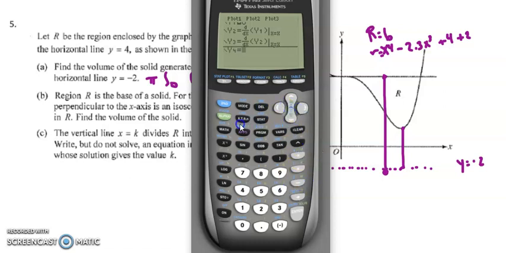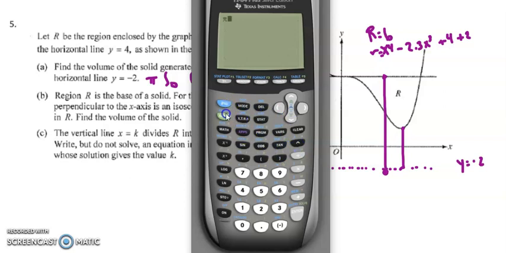Somehow I cleared that, sorry guys. So x to the 4th minus 2.3 x cubed, and then plus 6. Okay, so now I'm going to go to my home screen.